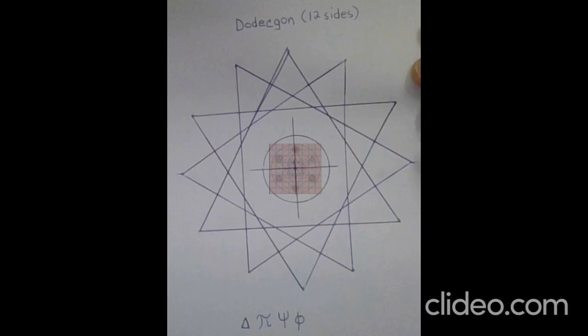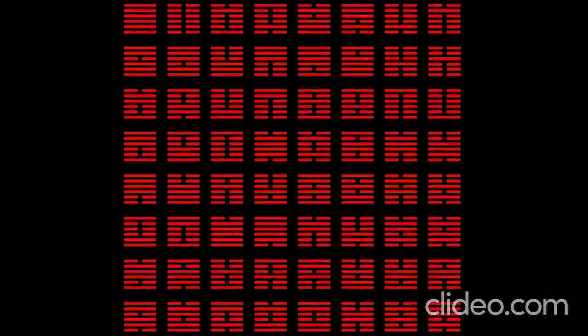Okay, and this is, if you count these there's 64 blocks here. This is I Ching. And each of those 64, you can look it up. This is what I was saying. Do your research, because the Chinese, the Asians, they're really big into cycles and repetitive things.